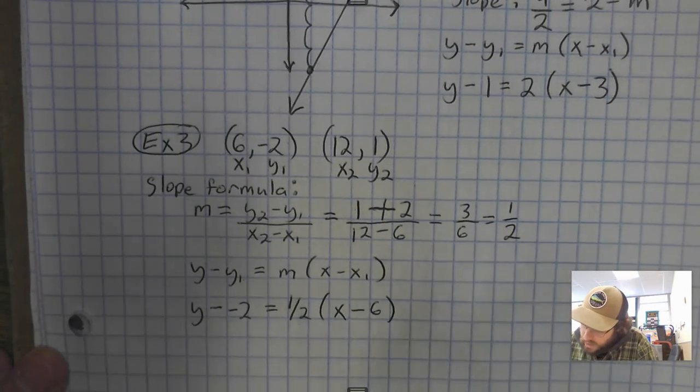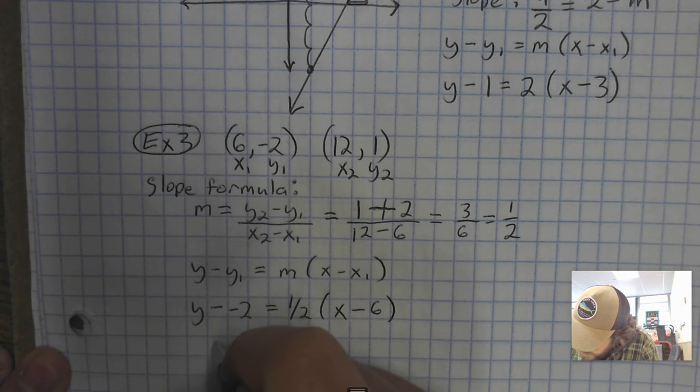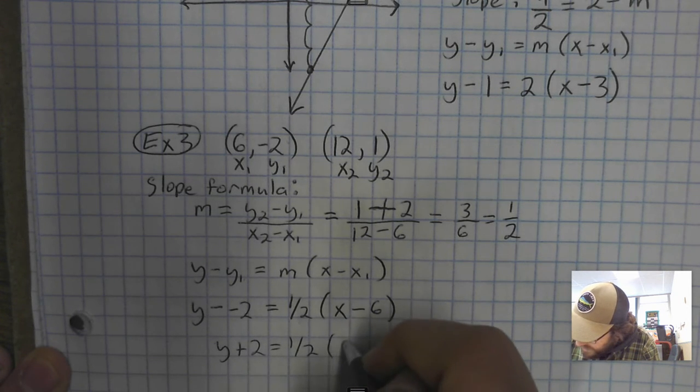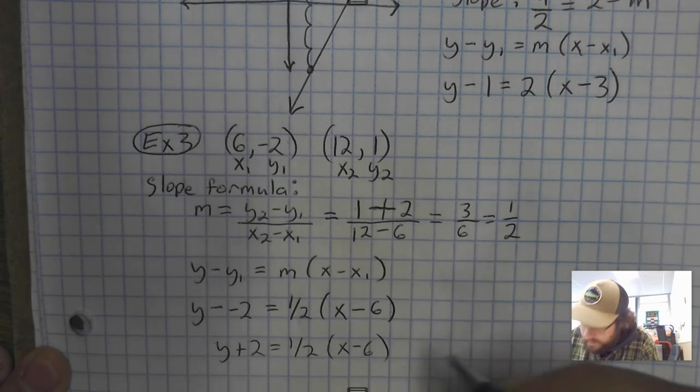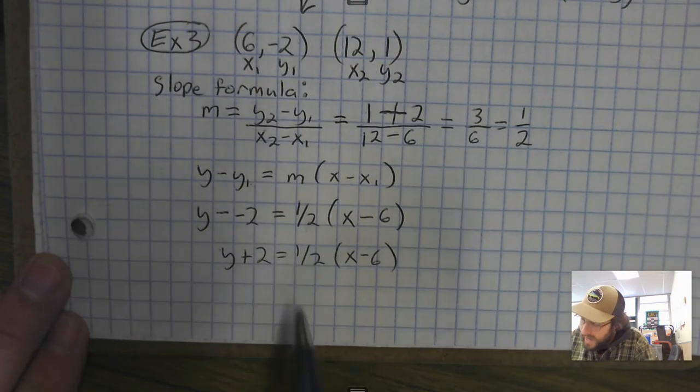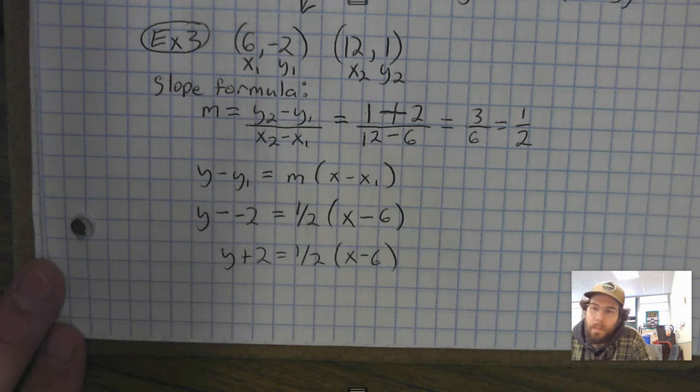I don't like that at all. So I'm going to plus that up, and I'm going to write this as y plus 2 equals 1/2 x minus 6. So that's point-slope form. Point-slope form is fine. If you are given a point and a slope, you could write it in point-slope form.